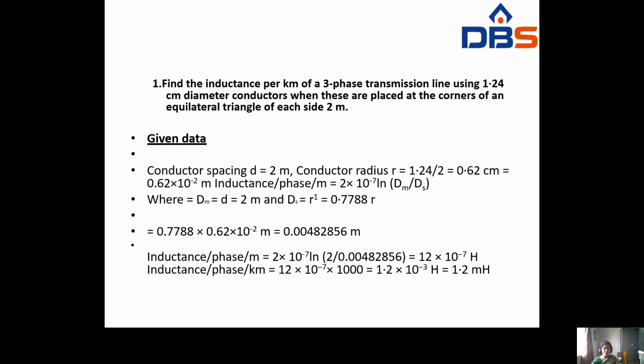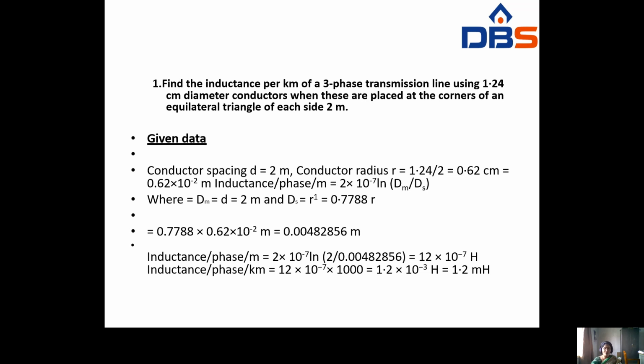So 0.7788 into 0.62 into 10 to the power of minus 2 meters gives the value 0.00482856 meters. This is the self GMD value.